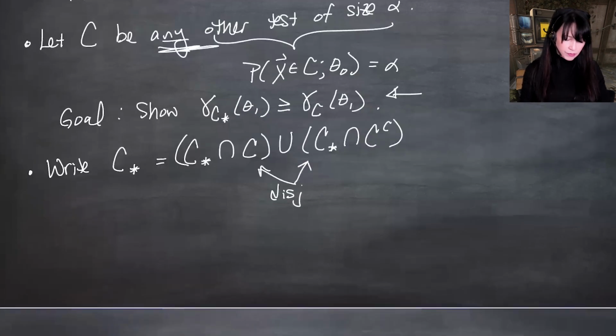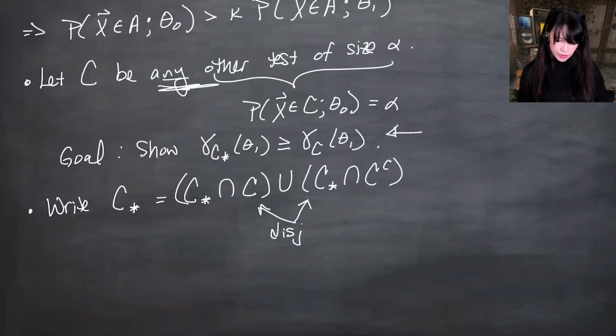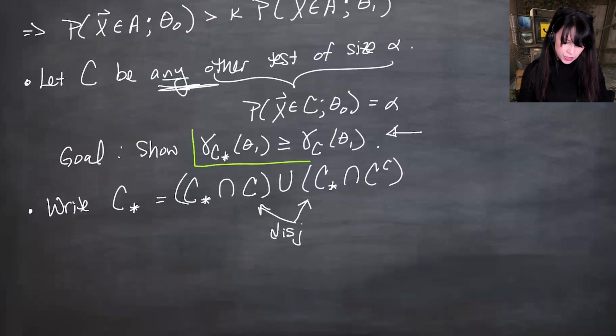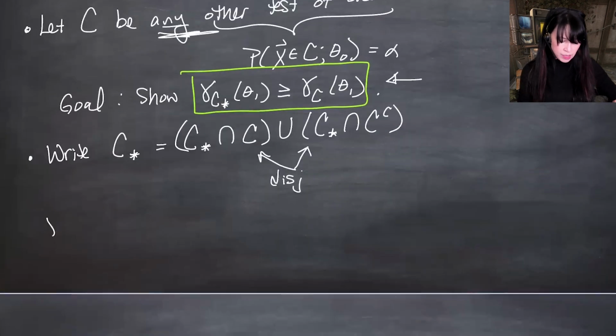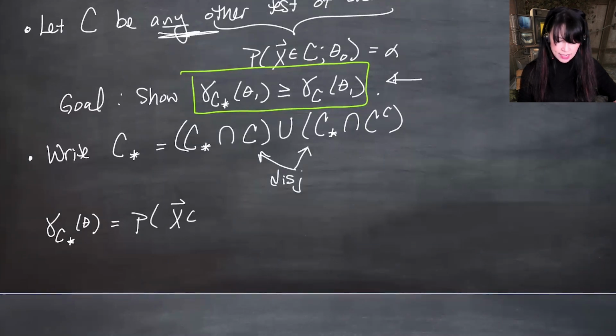And so if you wanted to look at the power function, this is what we want to show. So right now I'm going to attempt to write down the power function on the left-hand side with any argument theta. I can plug in theta 1 if I want, but I'm not going to do that yet. So the power function for the C star test, this is the probability that X is in that C star critical region when the parameter is theta.